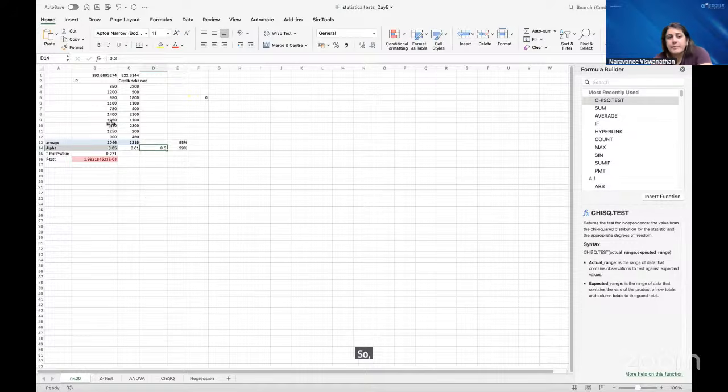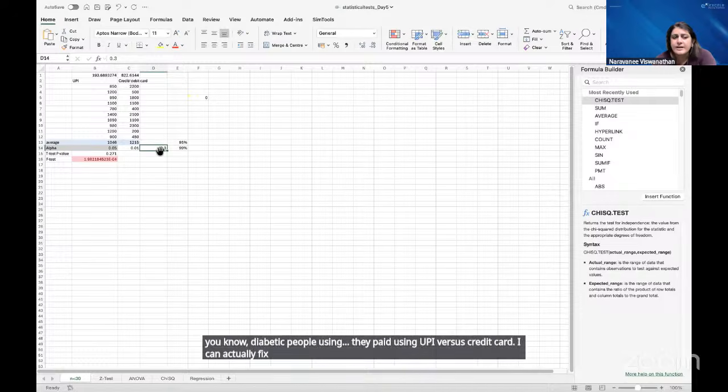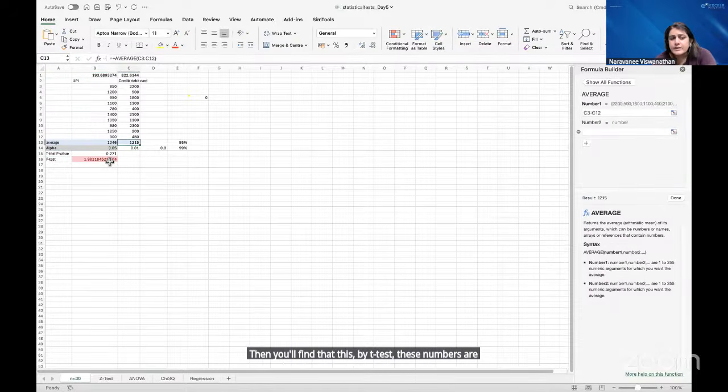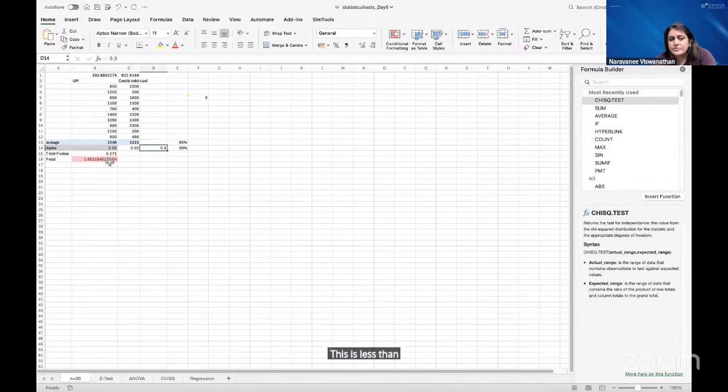So if I'm comparing the drug use among diabetic people who paid using UPI versus credit card, I can actually fix a higher rate. Then you will find that by t-test this is less than this, right? So they are different.